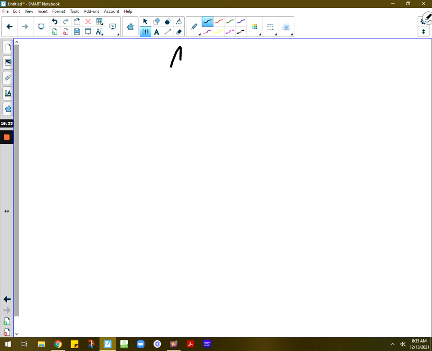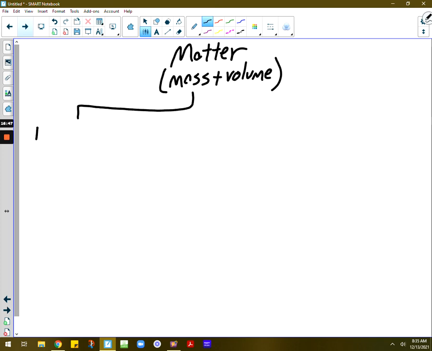So all matter, which is anything that has both mass and volume, can be classified into 2 different groups. We can classify it as a pure substance, because it has a uniform composition.